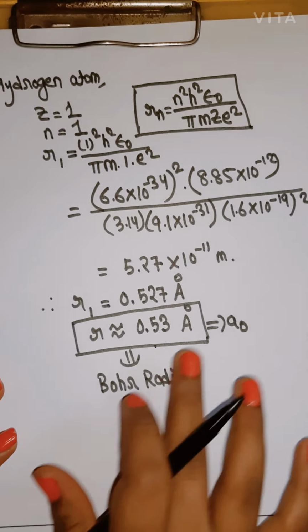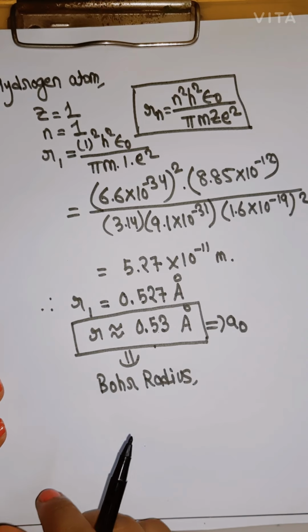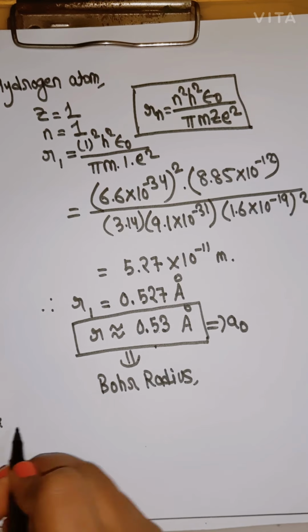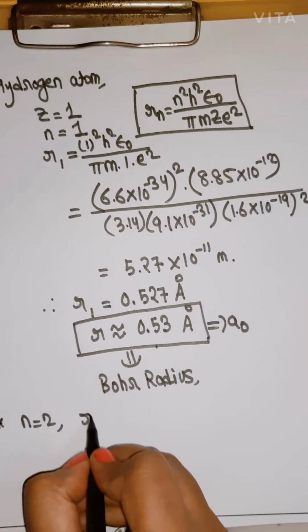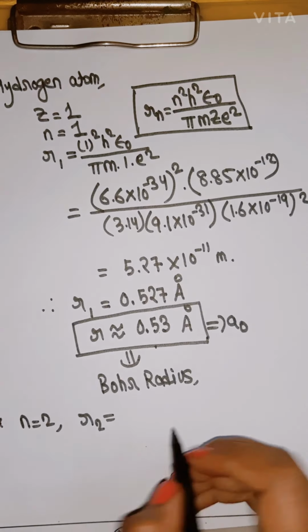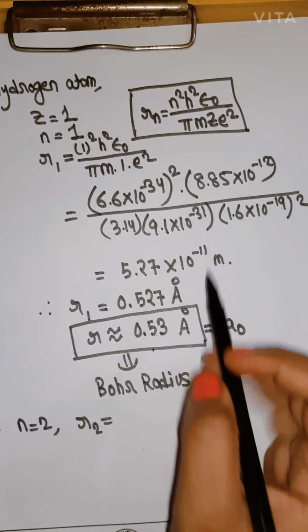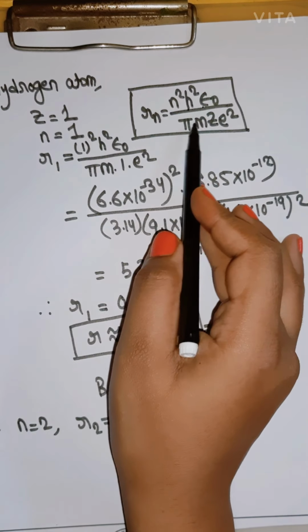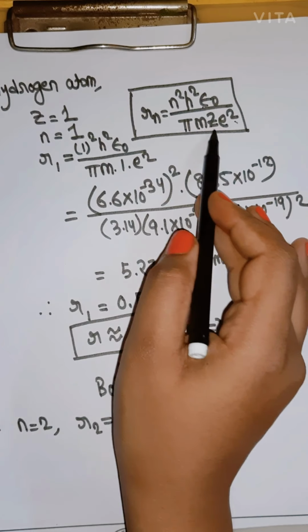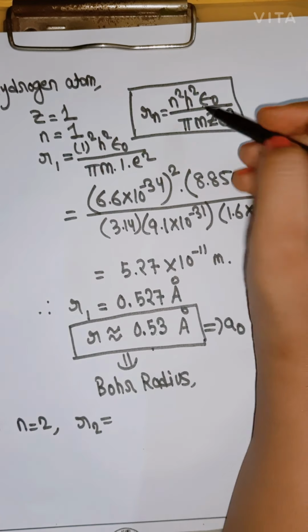What is the benefit of remembering this? If we know R1, then for n is equal to 2, that is R2, we can simply do, as we have calculated the value of n square h square epsilon naught by pi m z e square, with z equal to 1 for the hydrogen atom.